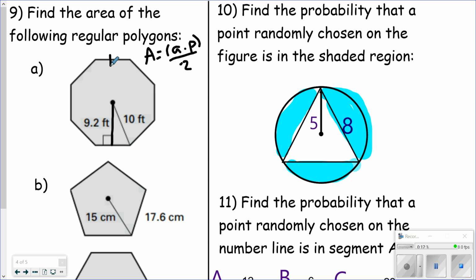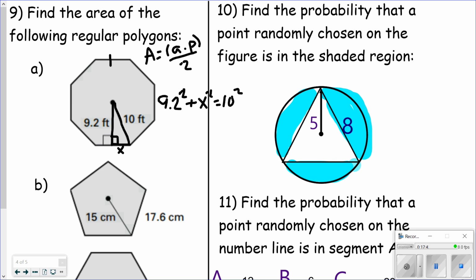What I do know is that this length right here is 10, and that means I have a right triangle. If I know two sides of the right triangle, I can figure out my third side by using the Pythagorean theorem, which means that 9.2 squared plus x squared is equal to 10 squared.